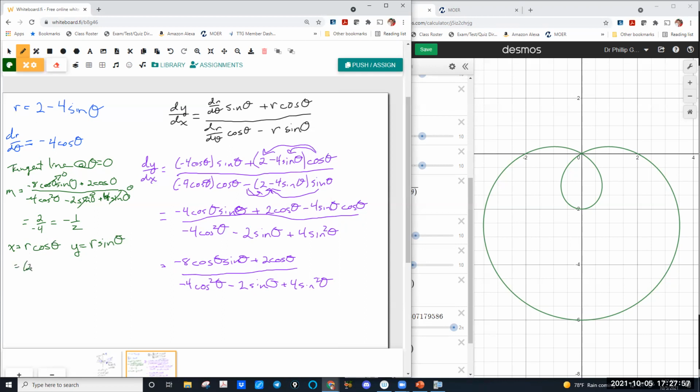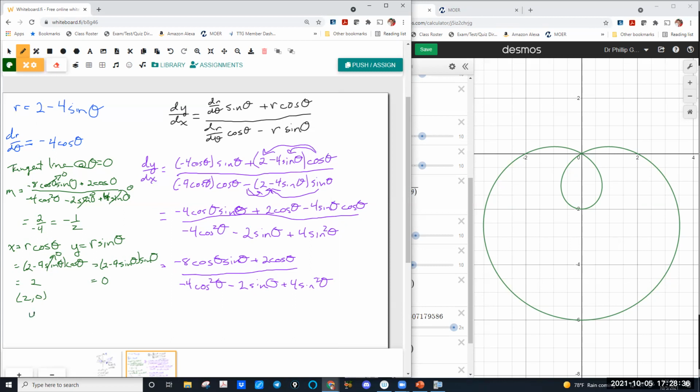So we have 2 minus 4 sine theta times cosine theta, and 2 minus 4 sine theta times sine theta. Now, sine theta is still 0, so this is going to come out as 0. Cosine theta is still 1. This is 0. So we have 2 times 1, or 2. So there's our point. The point 2, 0, which makes sense. We were looking at it about right here.